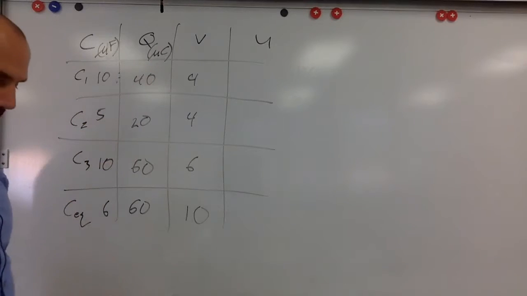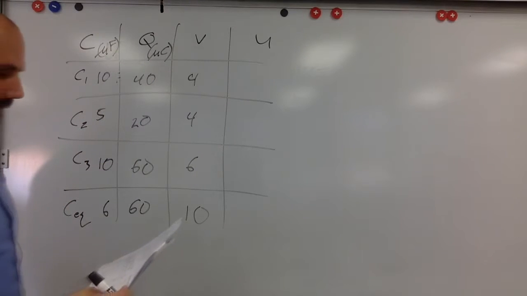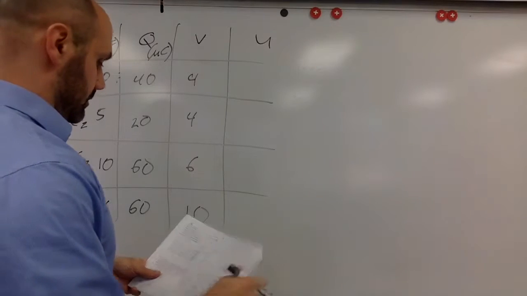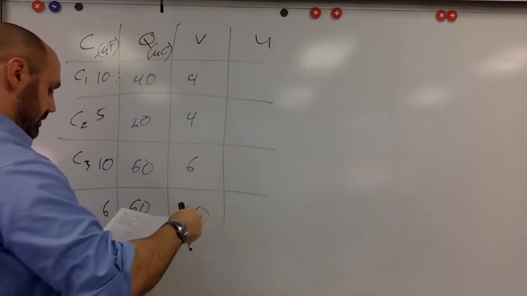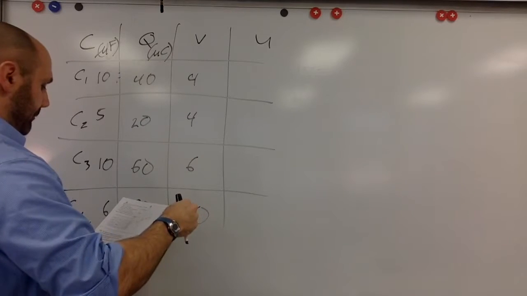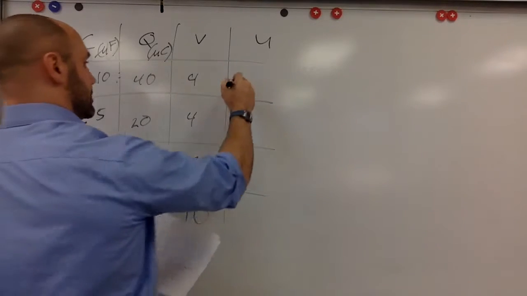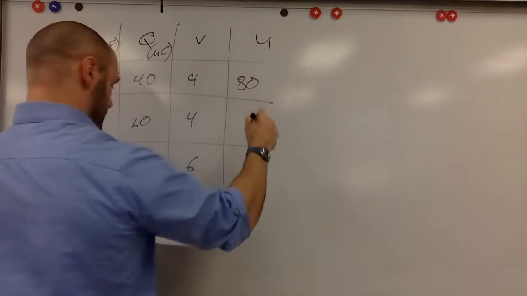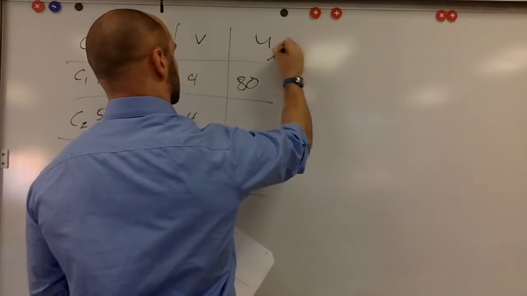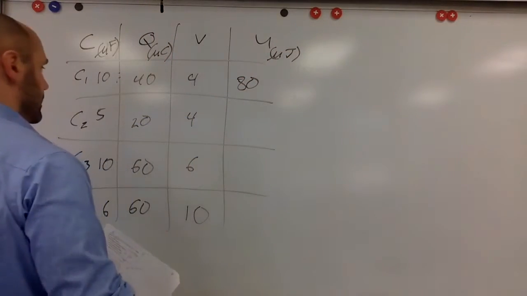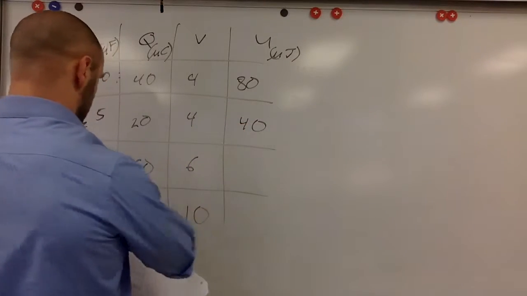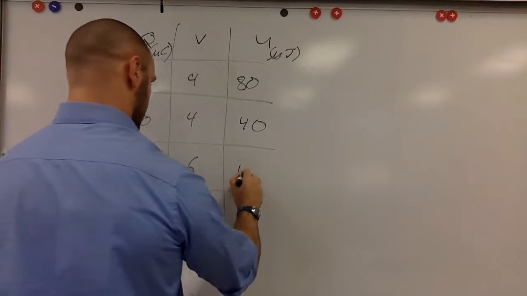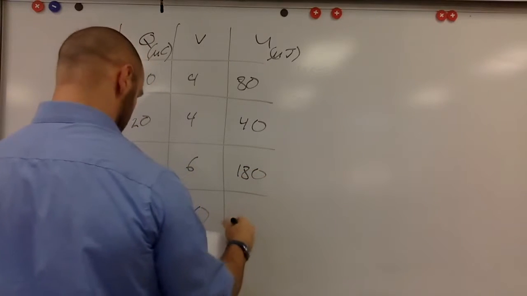And then the voltage. If we calculate 1/2 CV squared, this ends up being 80. This, by the way, is in microjoules. Then 1/2 times 5 times 4 squared gives you 40. 1/2 times 10 times 6 squared would give you 180.